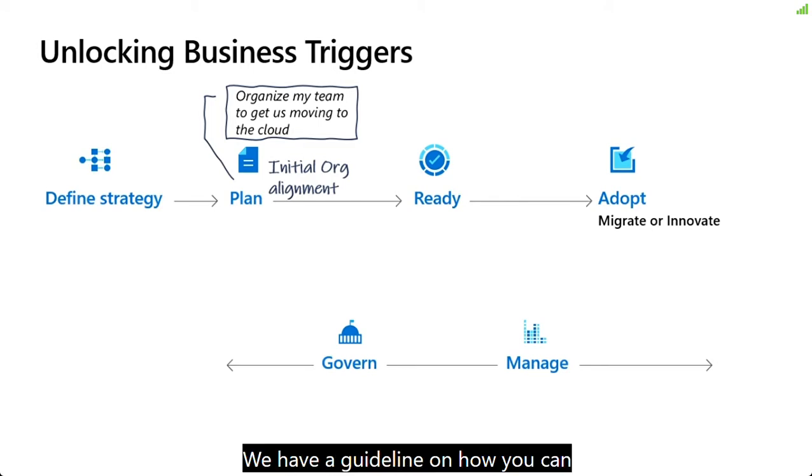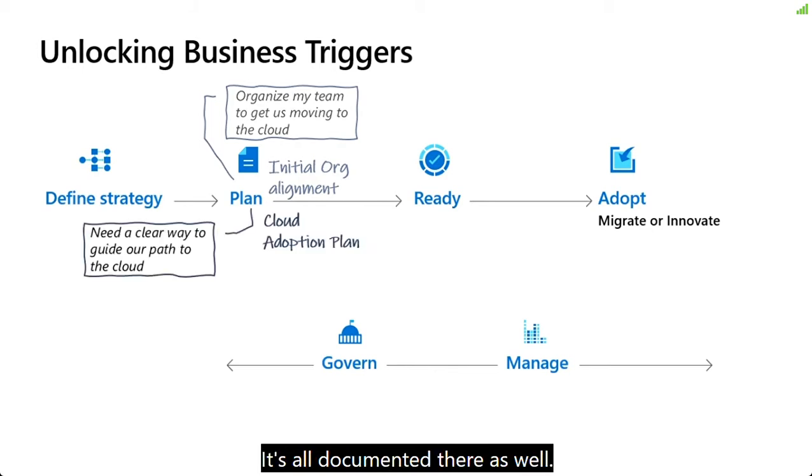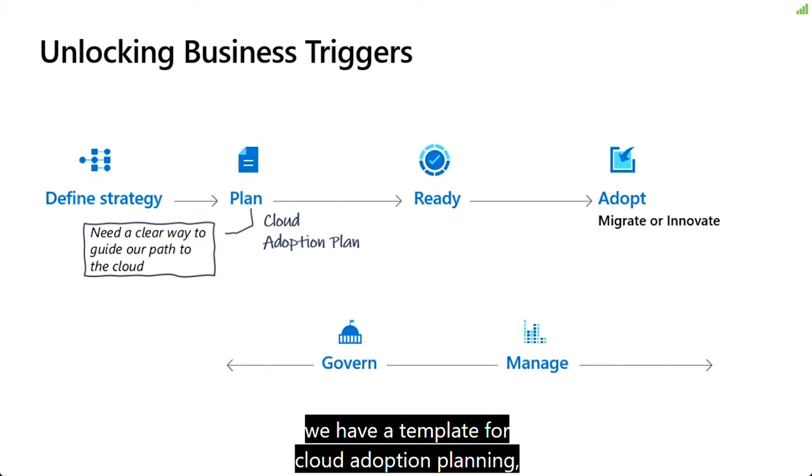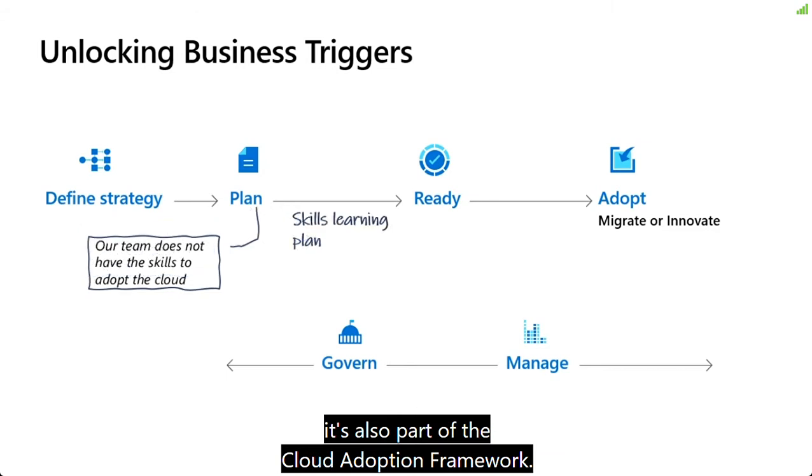So we have a guideline on how you can initially align your organization. It's all documented there as well. If you need a clear way to guide your path to the cloud, we have a template for cloud adoption planning. It's also part of the cloud adoption framework. How do we make sure that our team gets the skills ready to adopt the cloud?